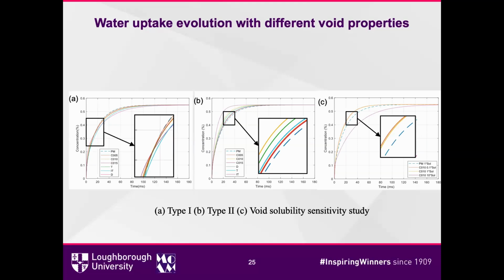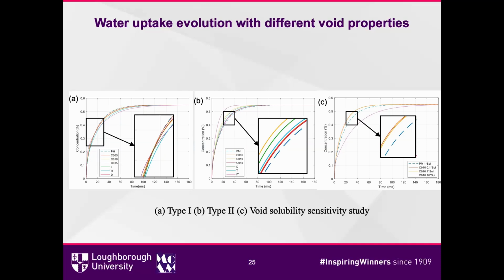Yes, so we could see this first one is type 1. In type 1, the voids are hydrophobic and retard the penetration of the water. The second one is hydrophilic. As we could see, the purple line here, CO15, which has the largest radius of the circle one, means that it is predominantly affected by the cross-section area of the void inside.